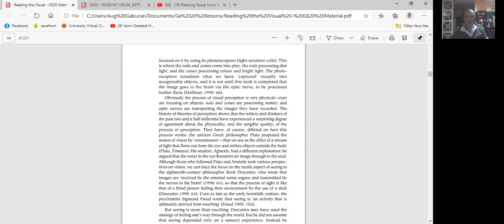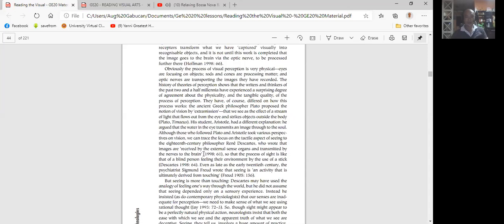And later on, Aristotle had a different explanation. He argued that the water in the eye transmits an image through the soul, but it was really Rene Descartes who wrote that images are received by the external sense organs like the eyes and transmitted by the nerves to the brain, which is more of an accurate explanation scientifically today.